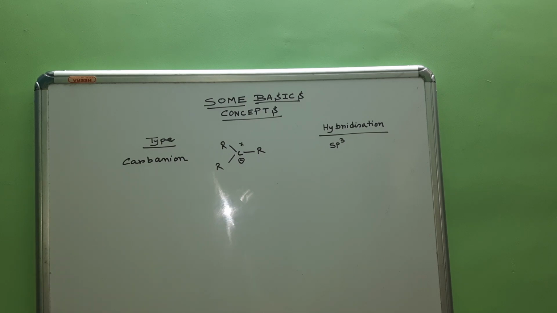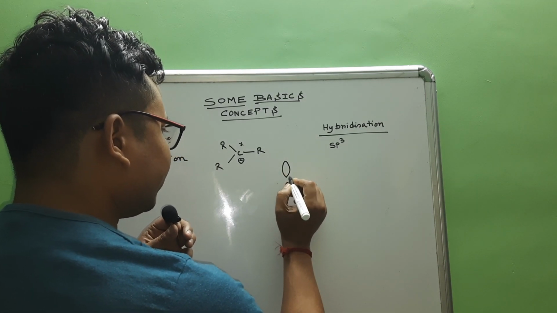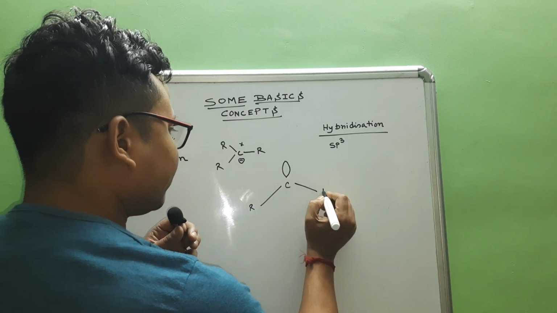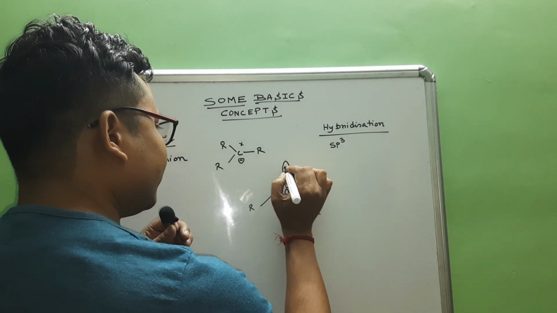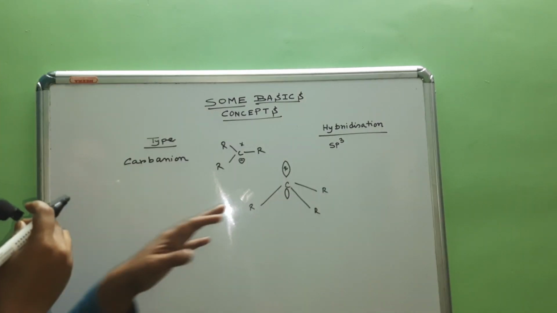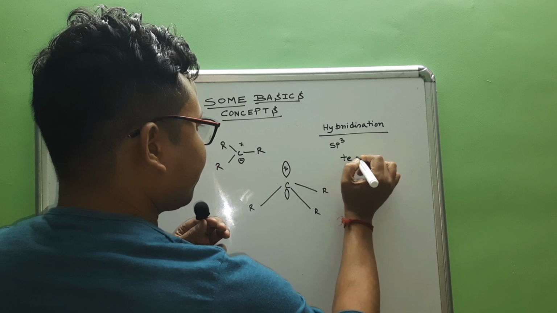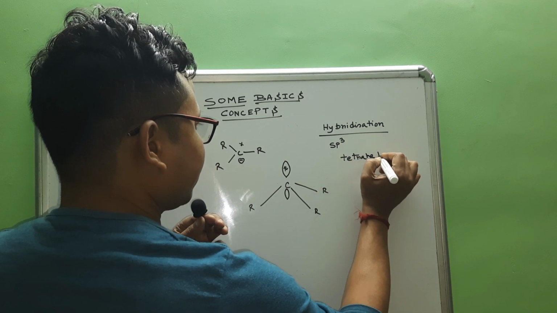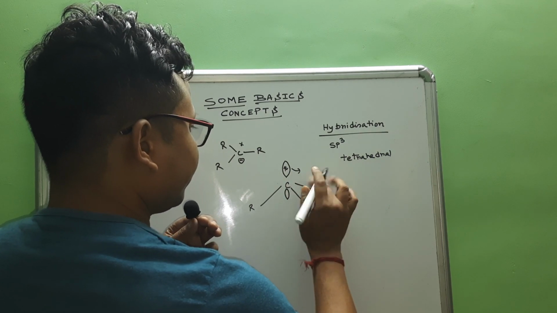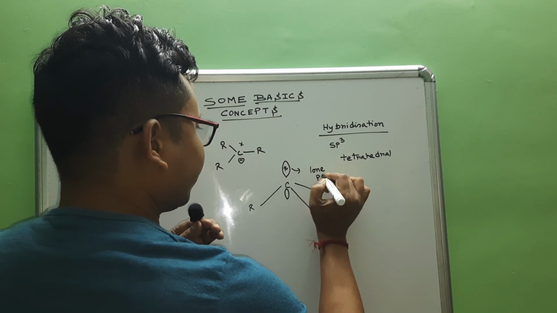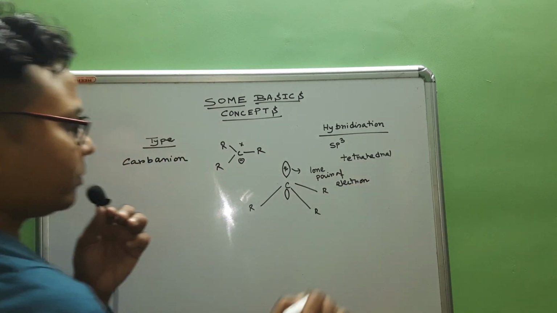Here one lone pair of electrons exists, and the bond angle is tetrahedral, and this is the lone pair of electrons.